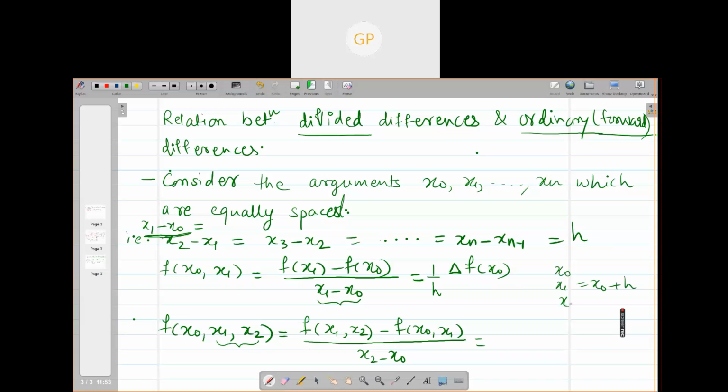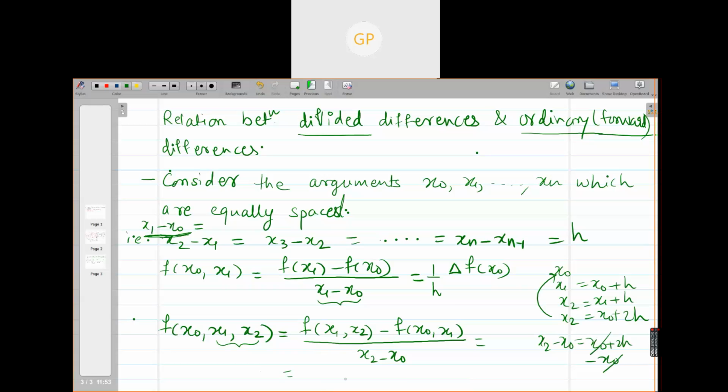What is x2? x2 is x1 plus h, which is nothing but x0 plus 2h. So the difference between x2 and x0 is 2h. And what will come on top? Now you have f of x0, x1. What is the answer? 1 upon h delta f x0.